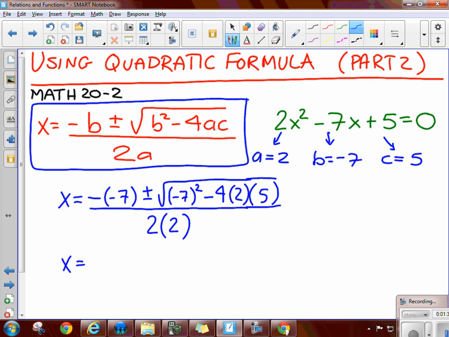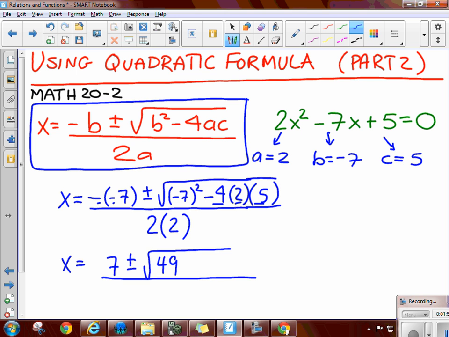So we can just do our calculations and start to simplify. So up front, negative 7, that's a positive 7, plus or minus, now we look at the radicand underneath this radical sign, negative 7 all squared is a positive 49, and then we just multiply these three values.